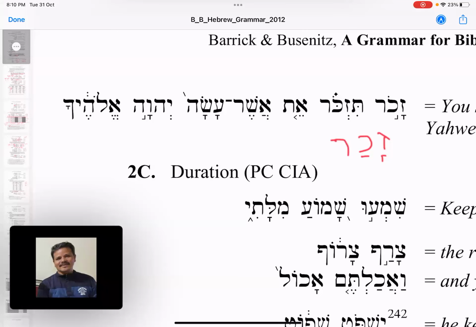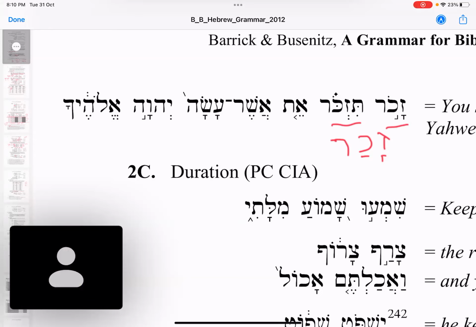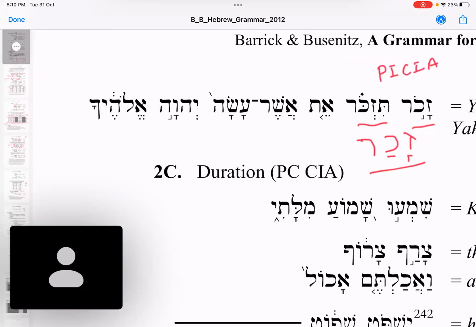So both have the same verb form. This is again the case of PICIA, pre-positive, intensive, cognate, infinitive, absolute. Now here you'll find both the cases. Zakor tizkor, this root word is zakar only, he remembered. Again here, zakor tizkor et asher asa Yahweh Elohecha.